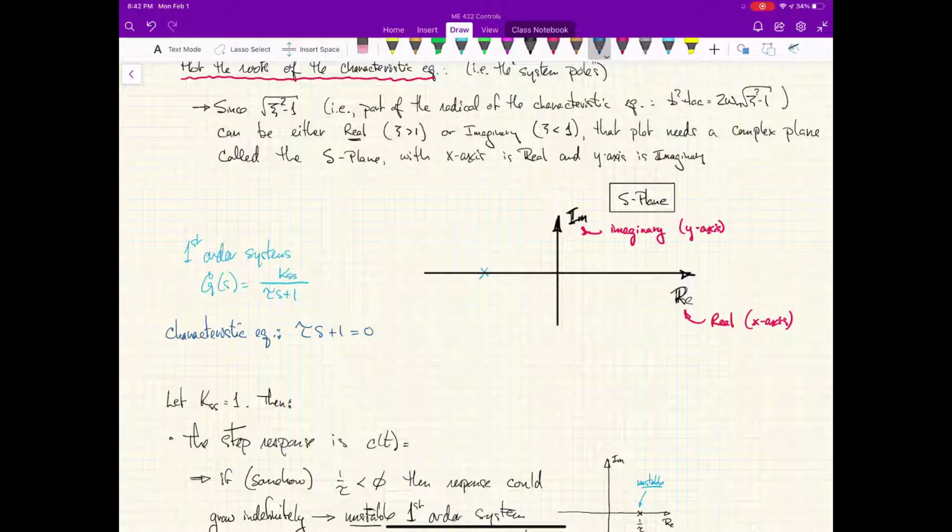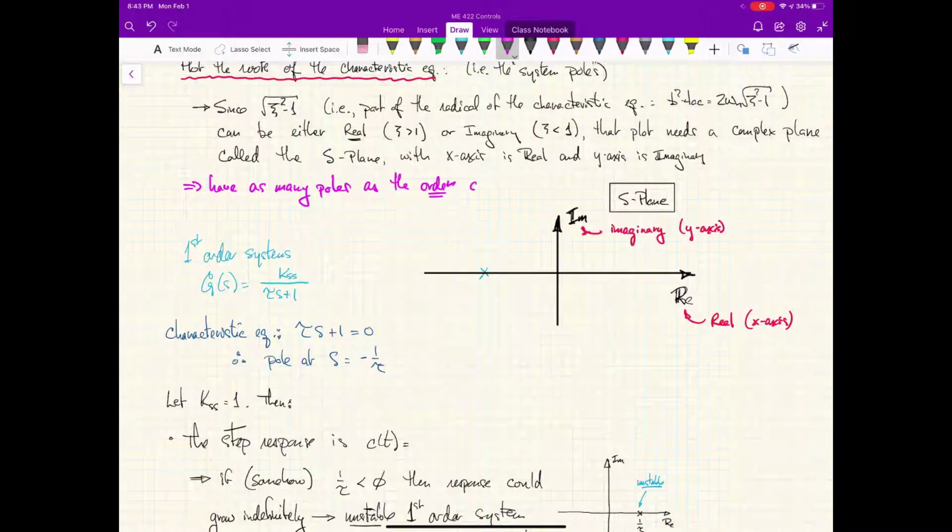And so, therefore, we're going to have a pole at s is equal to minus 1 over tau. Okay, a single pole, first order system. That's an interesting observation too, right? I should probably highlight that: you have as many poles as the order of the characteristic equation.